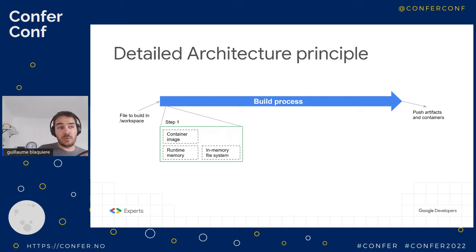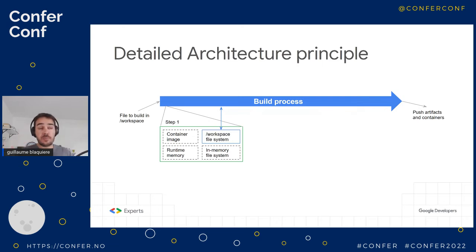Only one thing is mounted on your container. It's the /workspace directory with your source code fetched from your Git repository. In fact, it's like you mount a volume when you perform a Docker run. For example, you mount a volume, and the volume is /workspace. And that's all.